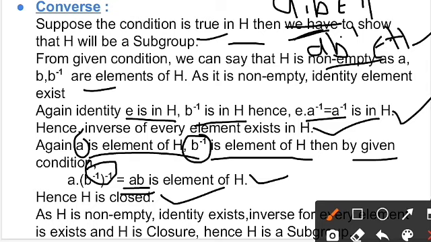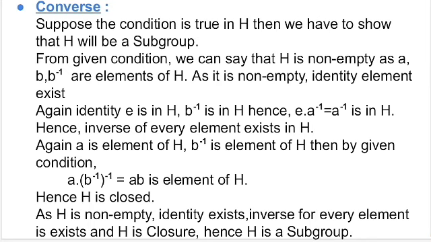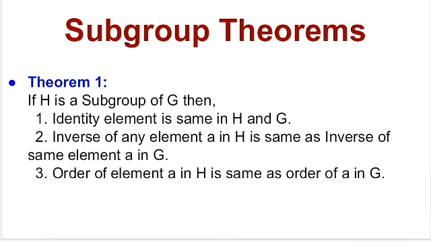As all three properties of a set to be a subgroup are satisfied, it is non-empty, that is, the identity element exists, the closure property is satisfied, and the inverse exists for every element, hence we can say that H is a subgroup, right?